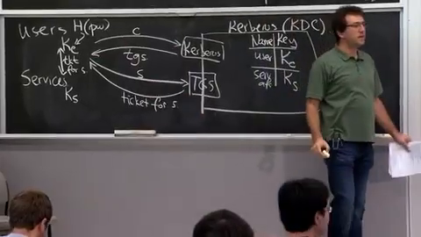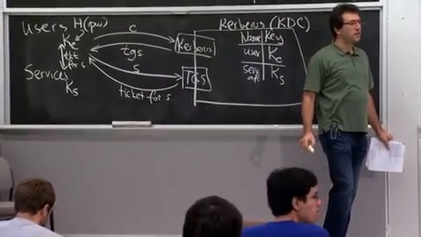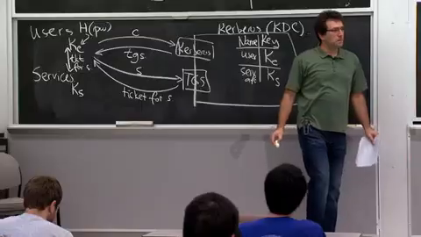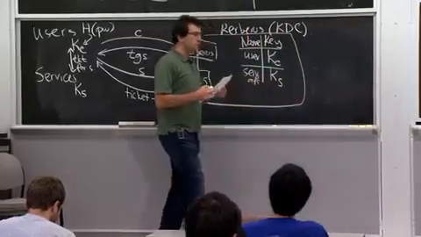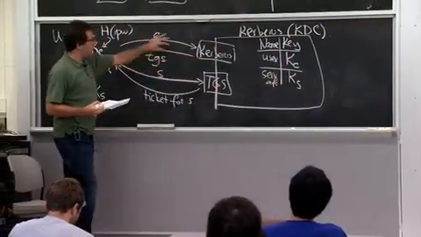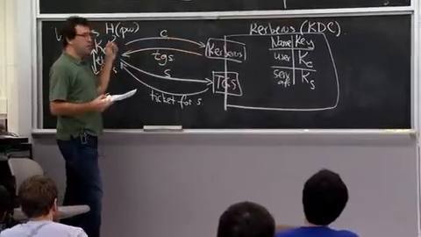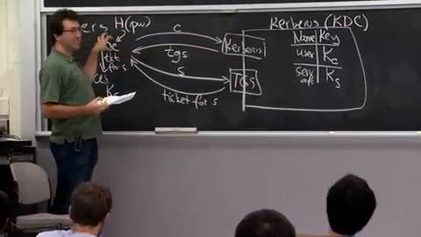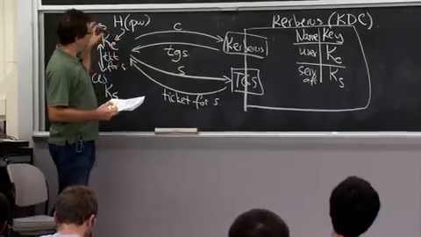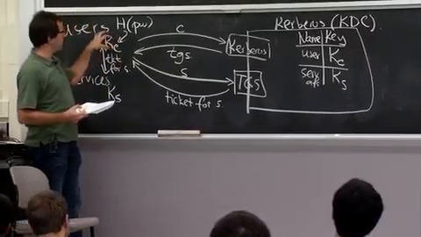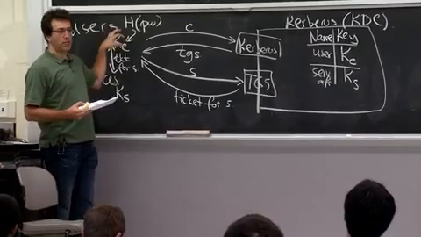Yeah? Can you either keep the key around or ask the user to re-enter the password each time they want to get a ticket to a new service? Right. So the reason for the difference between these two interfaces is that on this interface, all the responses come back encrypted with your key KC. And the Kerberos designers are a little worried about keeping this KC around for a long time.